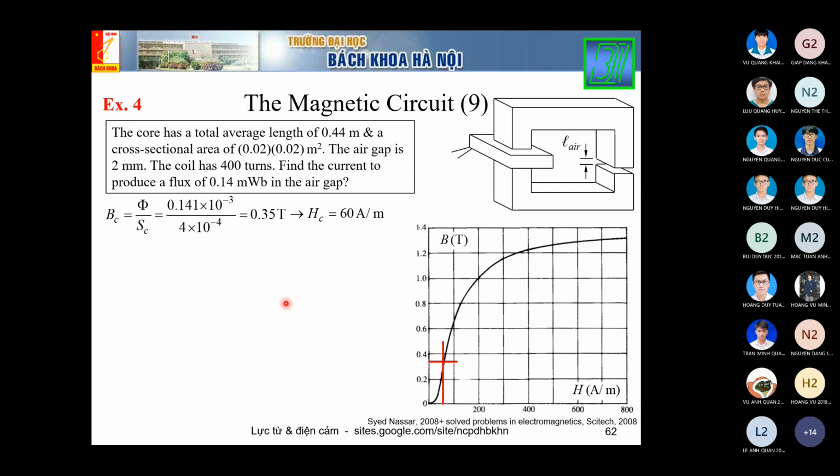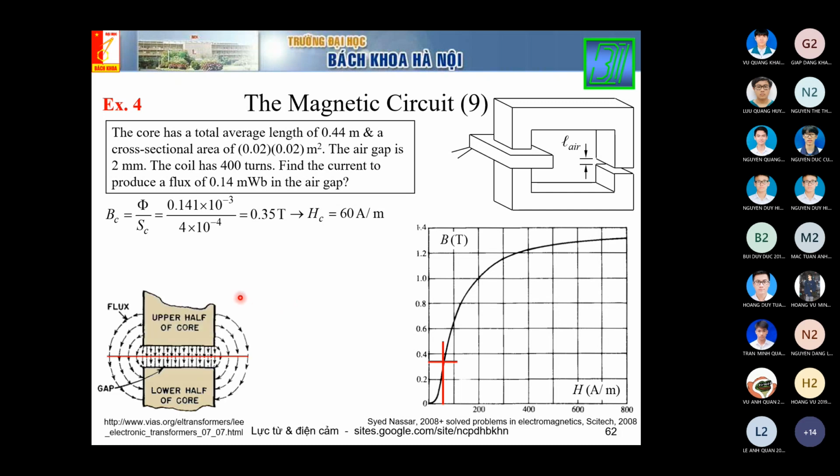Now for the air gap here, do you remember the previous exercise? We knew that in the air, the magnetic flux is perpendicular to the surface of the magnetic material. So this is the magnetic flux in the air. You can see that it extends a little to the left and to the right.